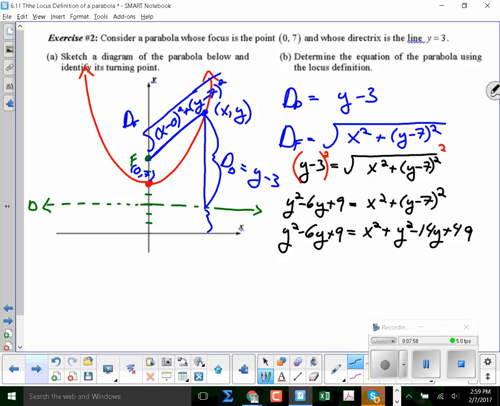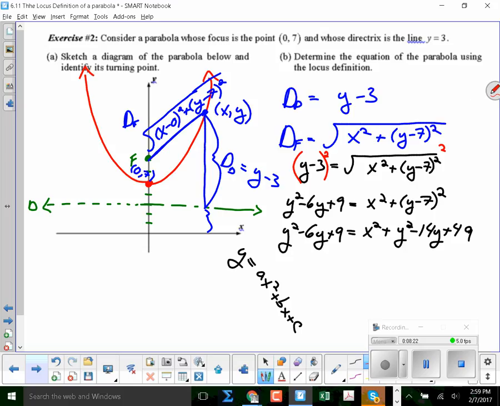Now we know that quadratic equations, or parabolas, have this form: y is equal to ax squared plus bx plus c. So that means get all the y's on the left, all the x's and numbers on the right, because the only thing you see over here on the left is the y's. So let's go ahead and clean this up and get all the y's on the left-hand side.